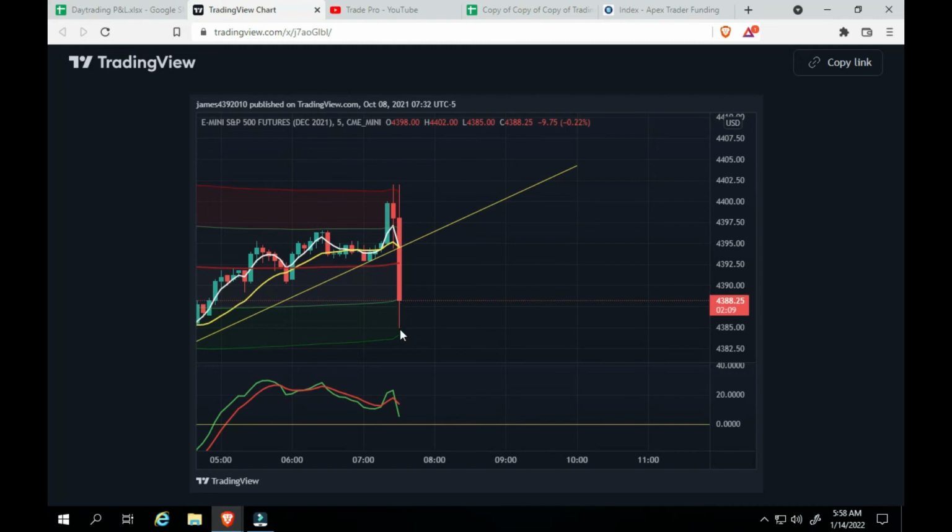This is from 43.85 all the way up to 44, so 17 points. And we had an uptrend, right? We were going up. Everything looked good. And you enter this trade right here, and if you didn't close out your trade at 7:30, look at that.